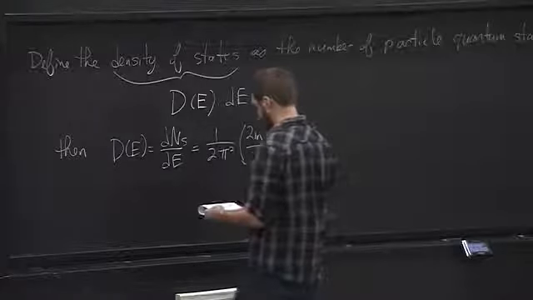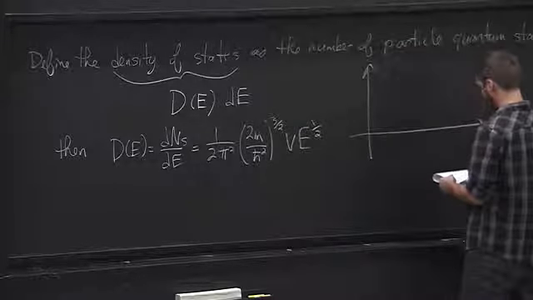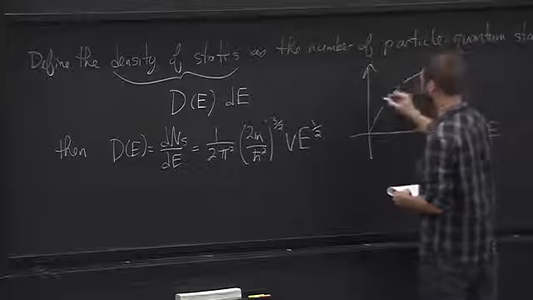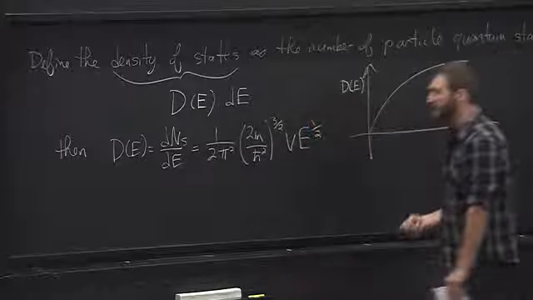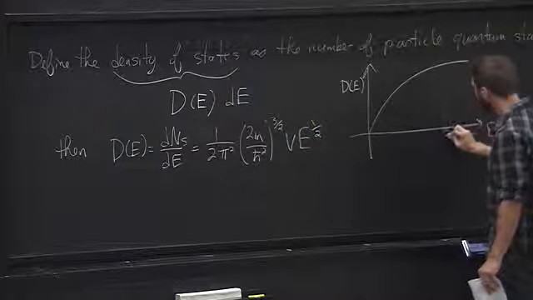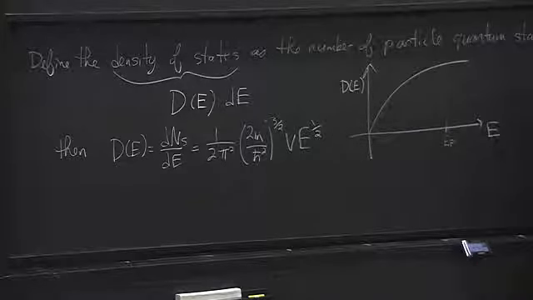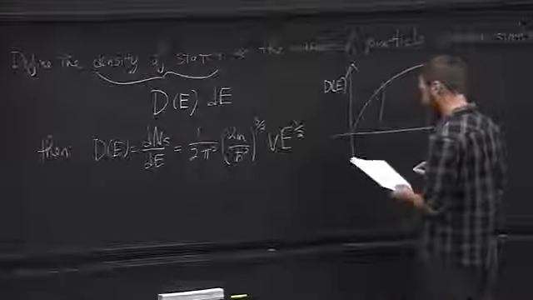So the density of states looks like E to the 1/2. And if I'm loading particles into my system, then I get occupied states up to the Fermi energy. The Fermi energy, again, is the energy of the last occupied level, so everything in here is occupied states.